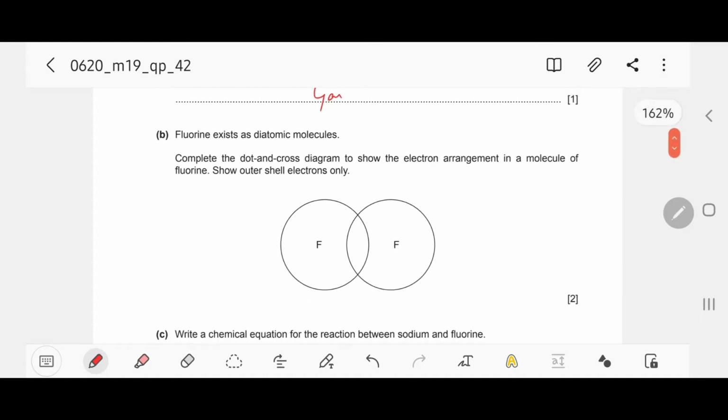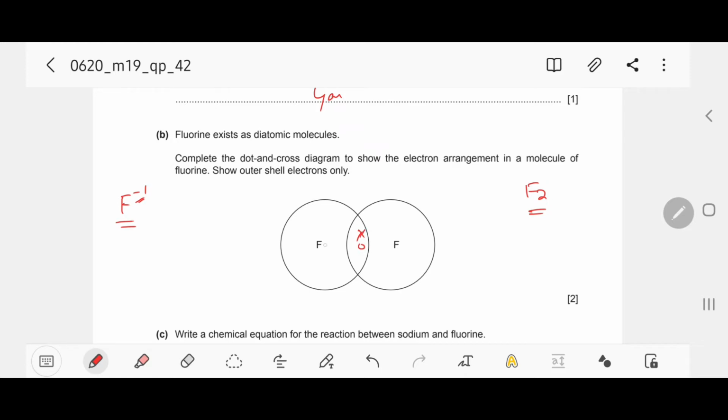So we have to complete the diatomic molecular structure of fluorine, and as we know, it is a diatomic molecule, and F-1 is an ion of fluorine. An ion is created by the charge of electrons, by the electrons they gain. So there will be X and O, and we will complete the rest of the electrons.